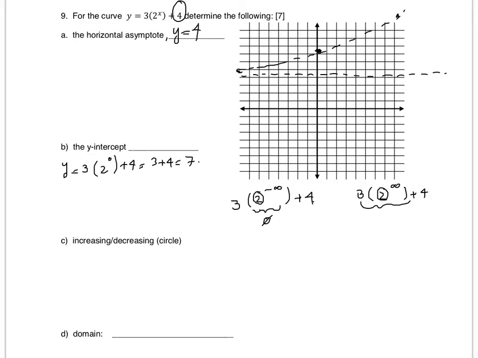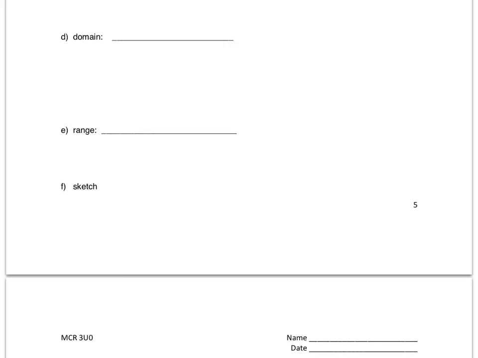Now, if we walk along the graph from left to right this way, you can see as we walk along the graph, as x increases, y also goes up. So y is increasing. So this means the function is increasing. The next part of the question asks, what is the domain?